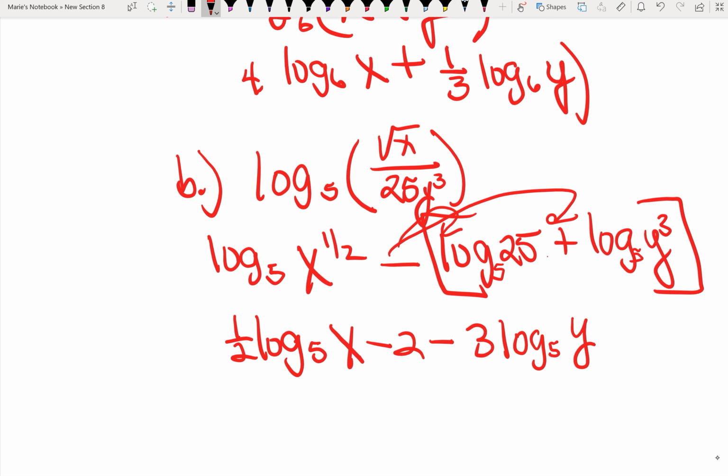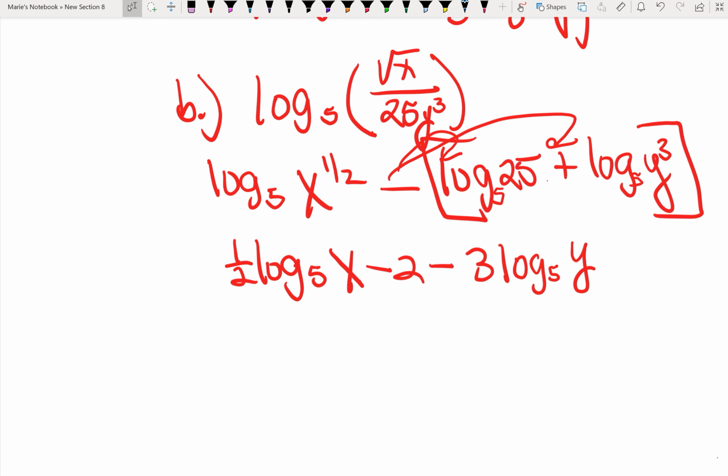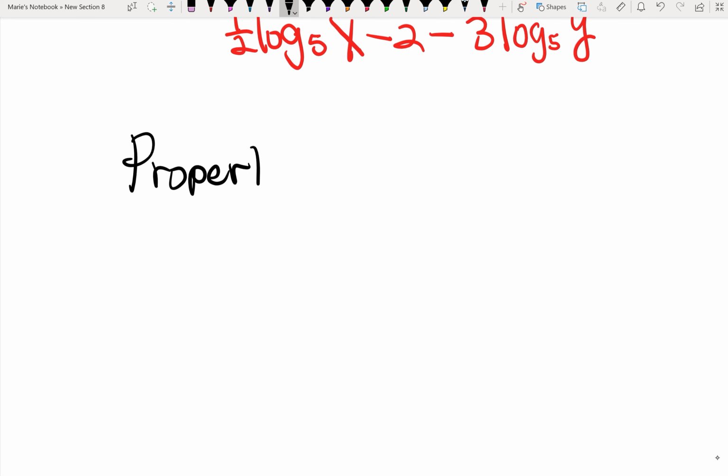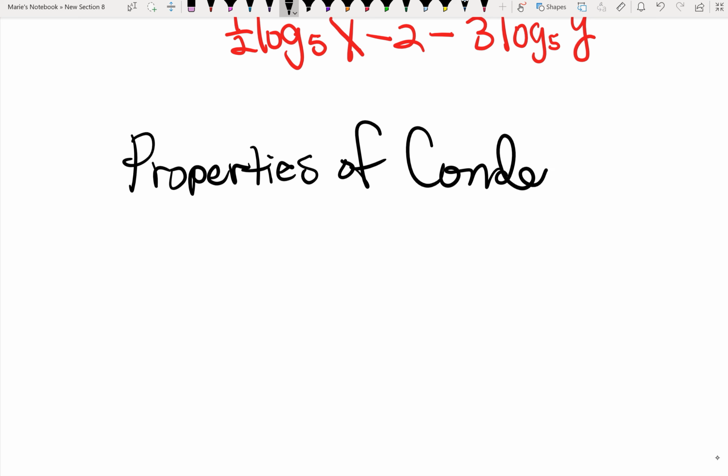All right, so these are the properties for condensing logarithms. Let me talk to you about these again. The prior ones were expanding logarithms.